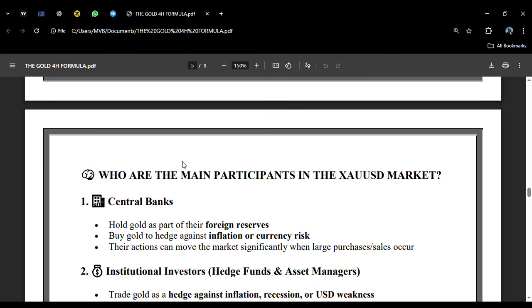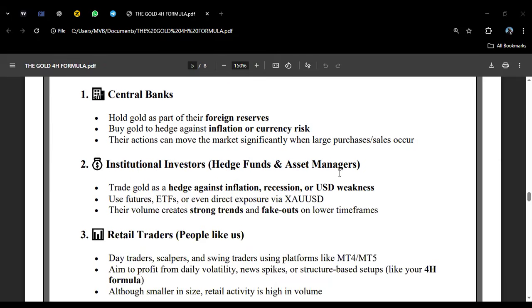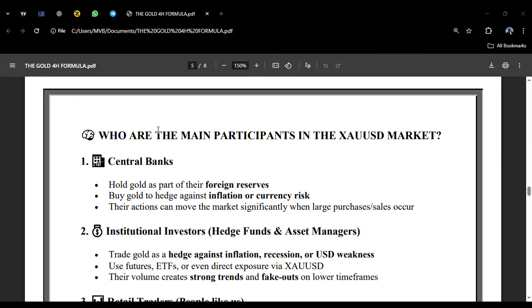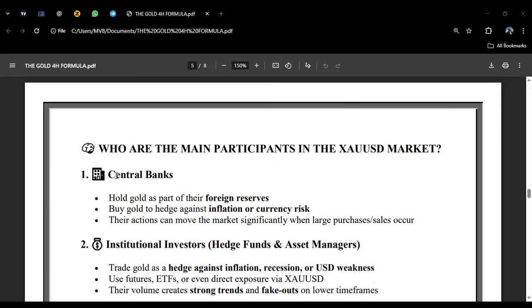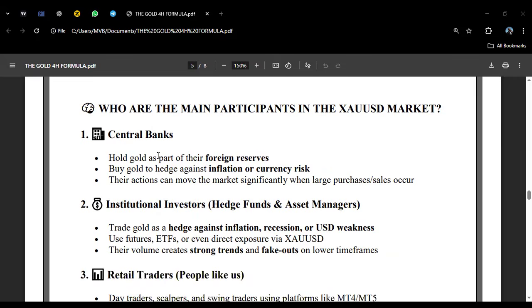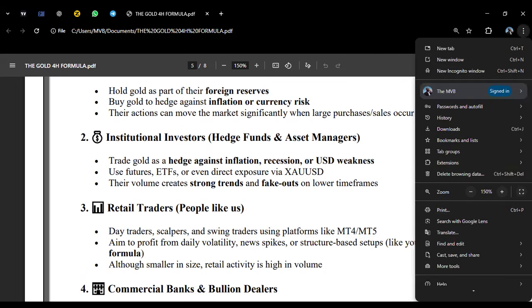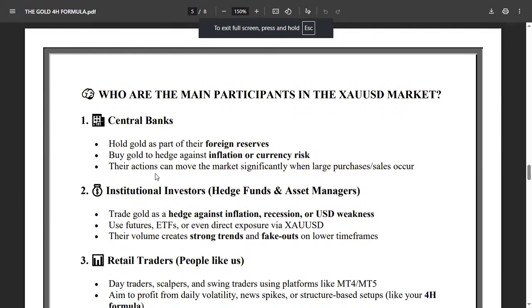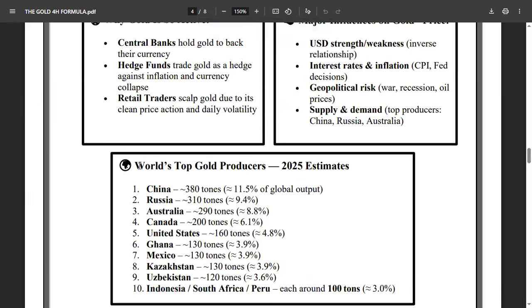Okay. So the timetable says we are going to have the session on Wednesday again. What I need you to do is perform a deep dive and understand these main participants. How do they affect the gold market? I'm going to give you this screenshot here, and this screenshot here.